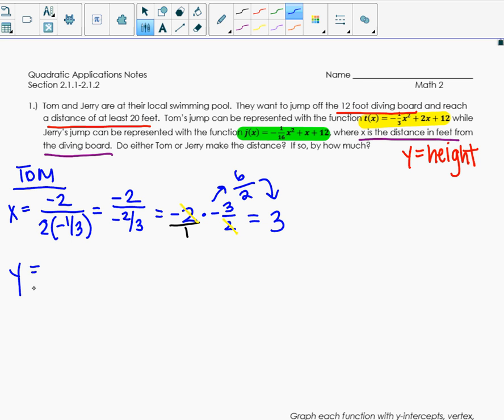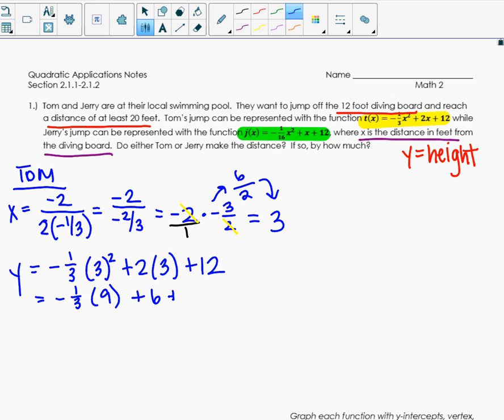And then y, we're going to substitute back in, so we have -1/3 times 3 squared plus 2 times 3 plus 12. So really pay attention to your order of operations here. We have -1/3 times 9 plus 6 plus 12. -1/3 times 9 is -3 plus 6 plus 12.